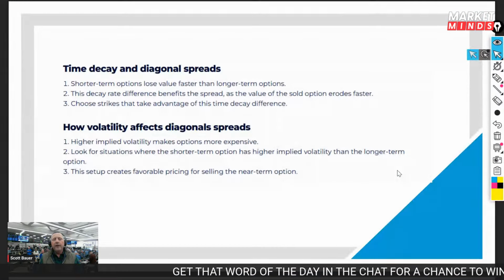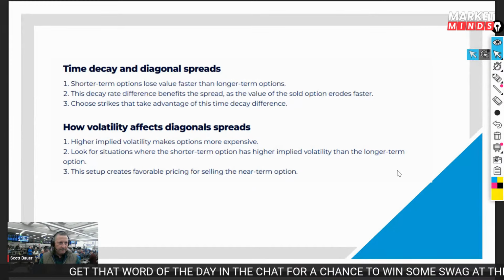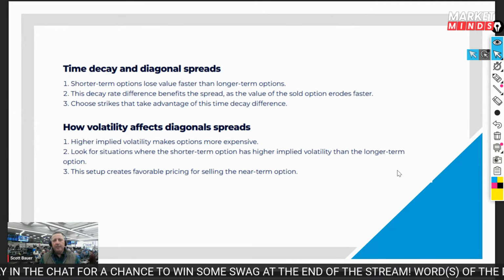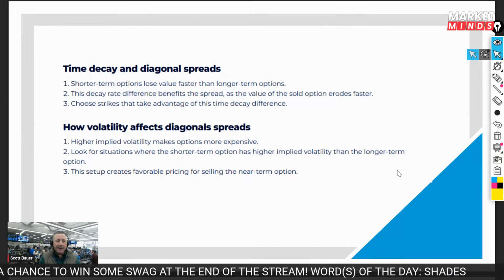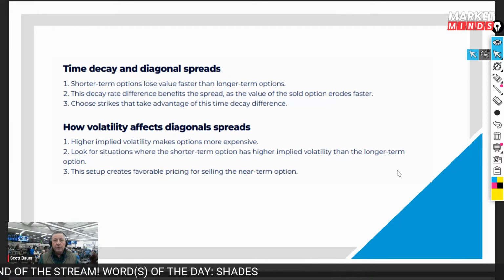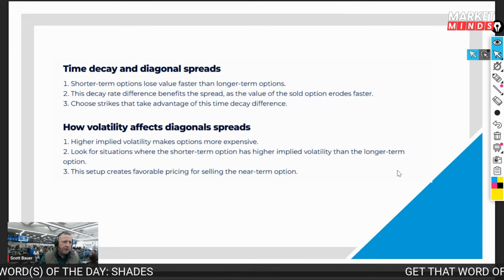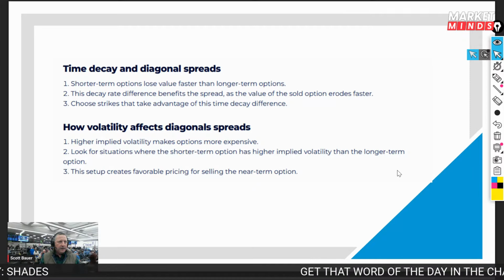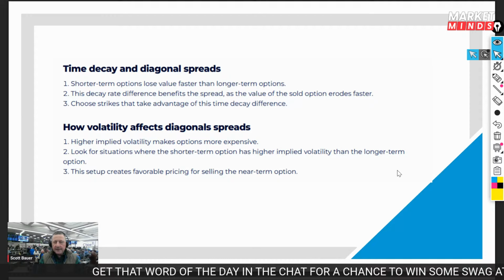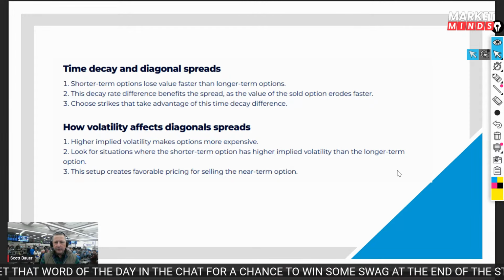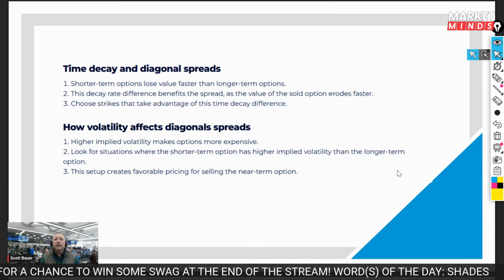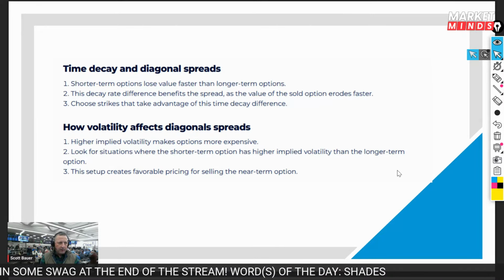So, as a review with diagonals and calendars, they both work great for time decay because you're taking advantage of the time decay in the short option, which is going to accelerate and lose more value quicker than the long option. And how does volatility affect diagonals or calendars? This is actually one of the reasons why we put on the position we did in Datadog.